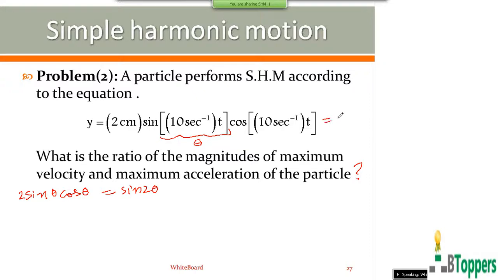So this y can be written in the form 1 centimeter into 2 sine theta cos theta. Here theta equal to 10 second inverse into t. So 2 sine theta cos theta, you can write sine 2 theta.